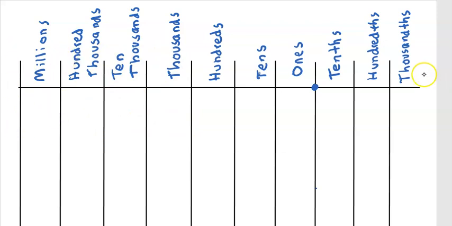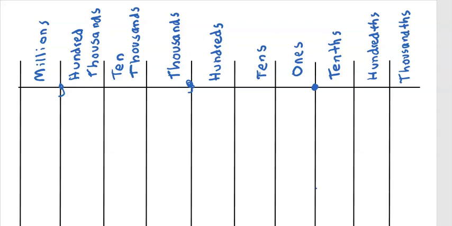Then you'll do thousandths, hundredths, tenths, put your decimal, ones, tens, hundreds, thousands, comma, 10,000s, 100,000s, millions, comma. So stop the recording right now and get that chart made.